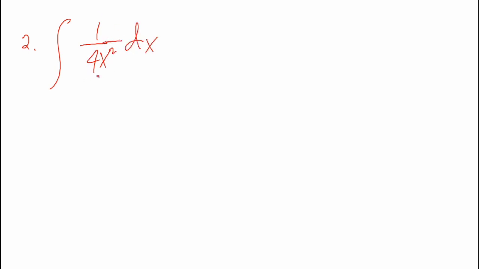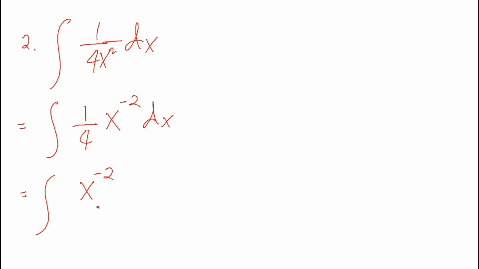As you can see, this is a fraction, so we first have to rewrite it to make it simpler to look at. 1 over 4x squared, we can rewrite as 1/4 x raised to -2 dx.